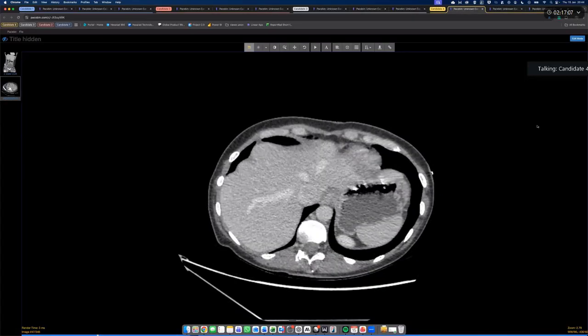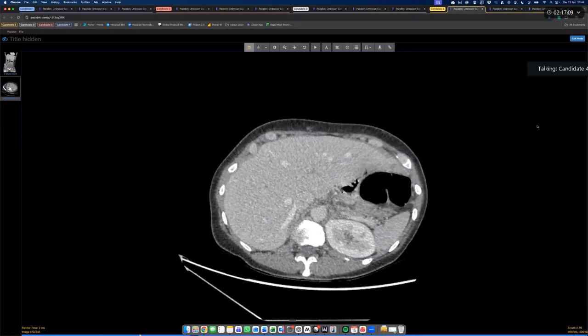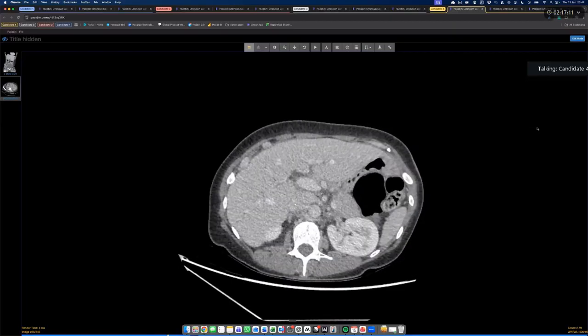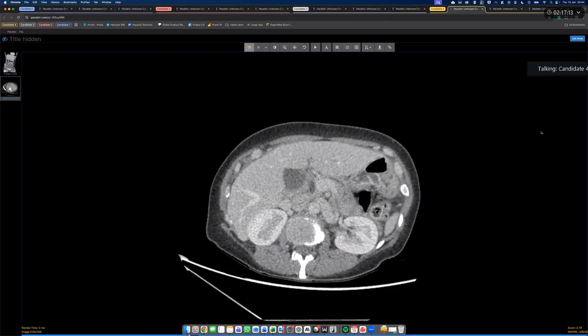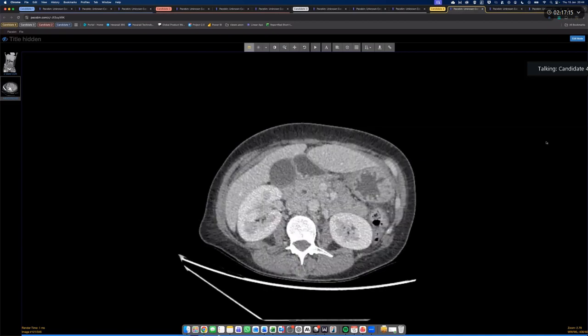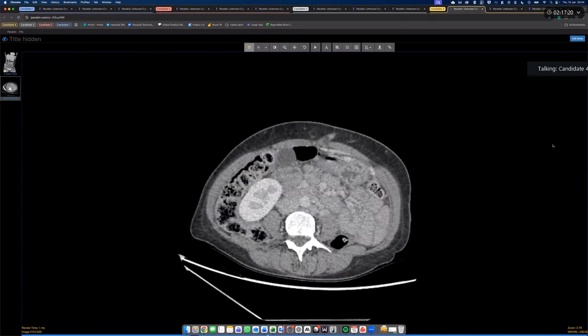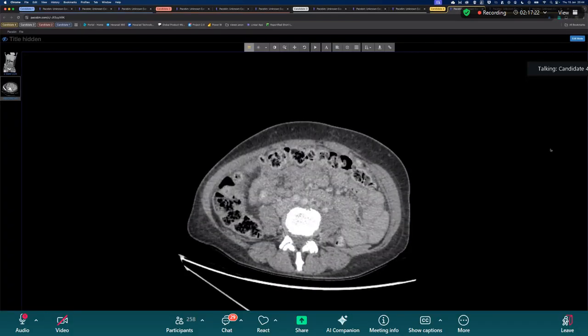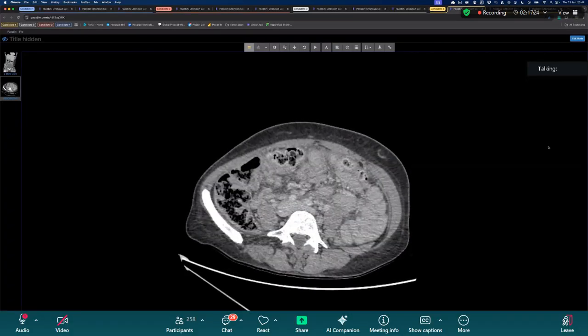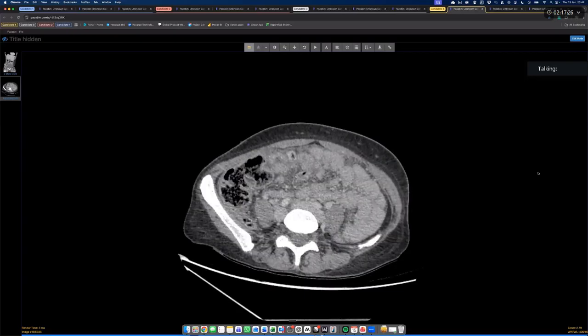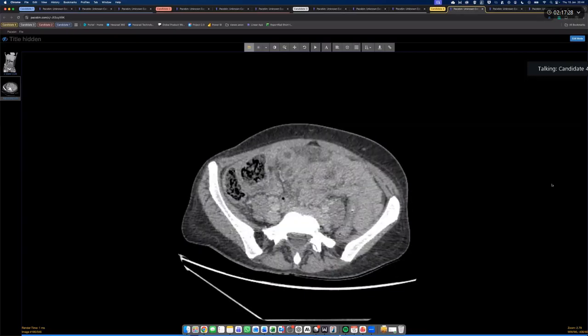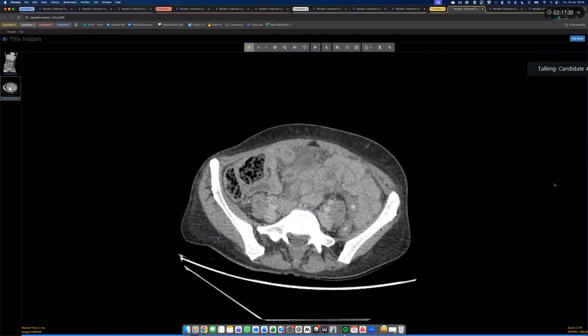I will have a quick look through the whole set of the images before I comment on my findings. I'm just going to the last cut.